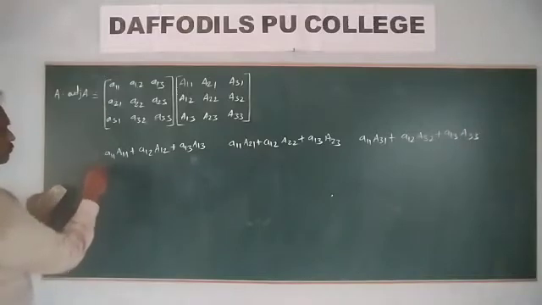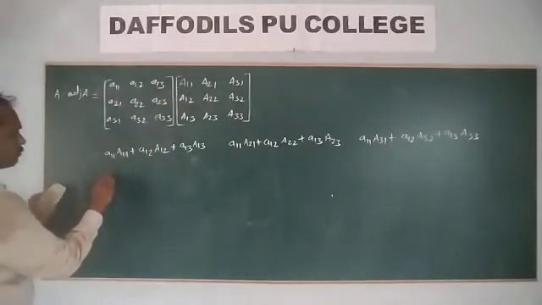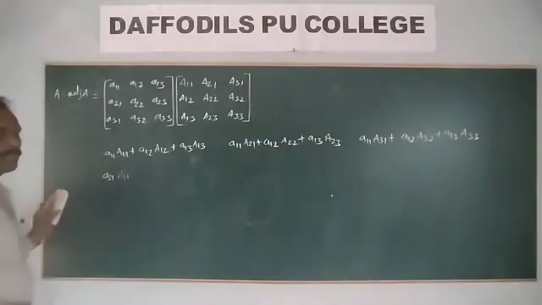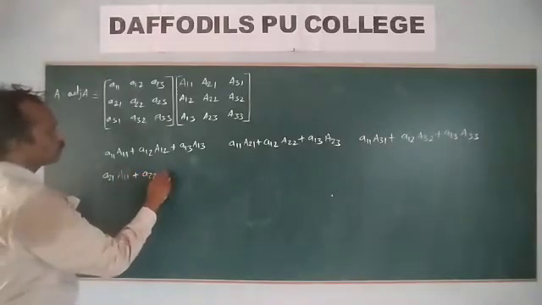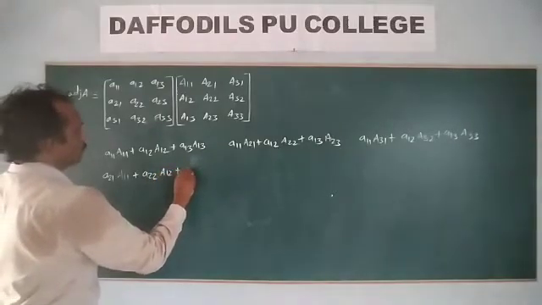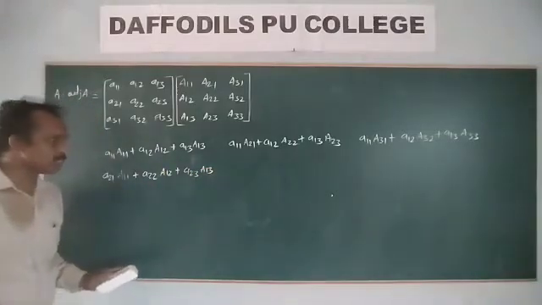Next, second row, first column: A21 A11 plus A22 A12 plus A23 A13.